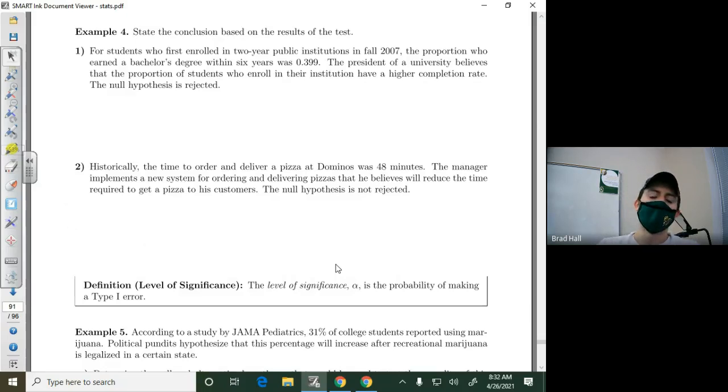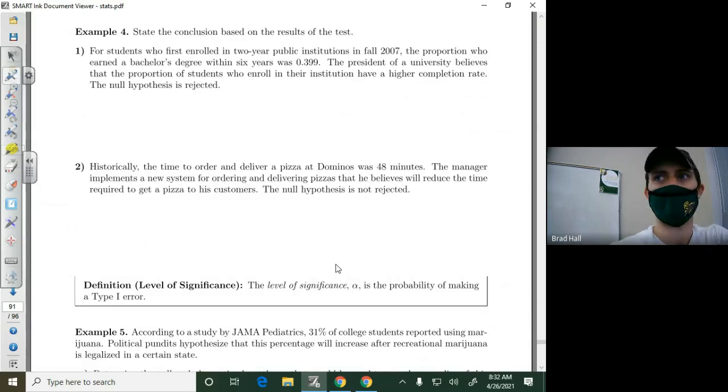Now, really what it's asking for us to do here, you don't need to state the hypotheses here. It's not necessarily asking for the hypotheses themselves. Well, I guess I'll state them anyways. It does help in the conclusion of the problem. So I'll go ahead and state them.